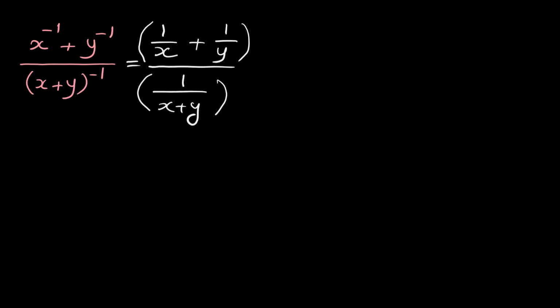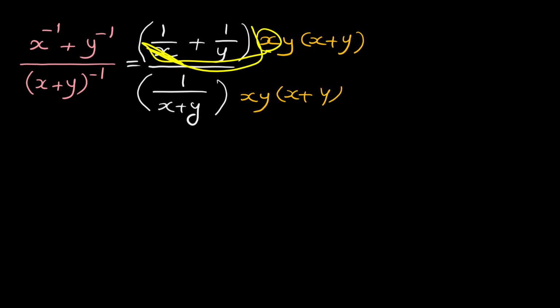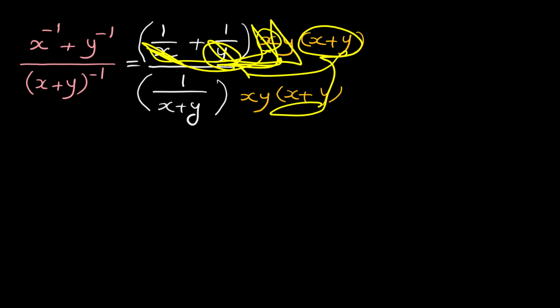The expression that can help us to eliminate these things is x, y, (x + y). And of course, we have to multiply the same expression in the denominator. We have to have x to get rid of x. We have to have y because we want to get rid of y. And we have to have this because this helps to get rid of this denominator.